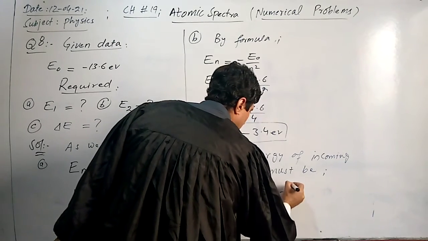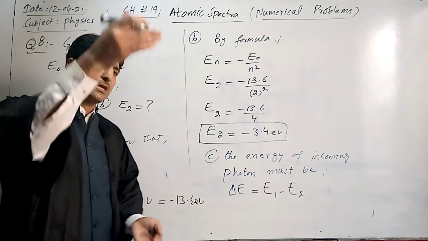Here we take the difference of the two energies because the electron jumps from the first orbit to the second orbit.